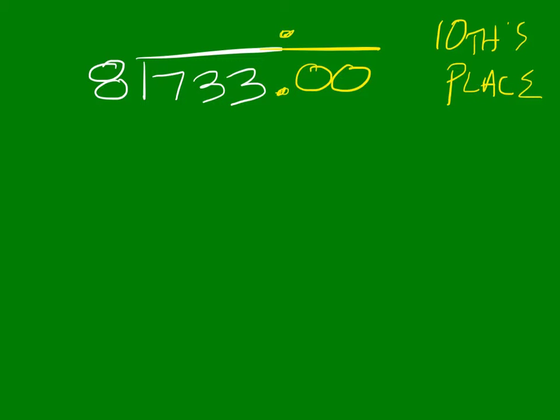Can you get another 8 between 64 and 73? 9 times, yeah, so we'll go 9 times for 72. And when we subtract, what do we get? 1. Now what do we do? You bring 3 down.